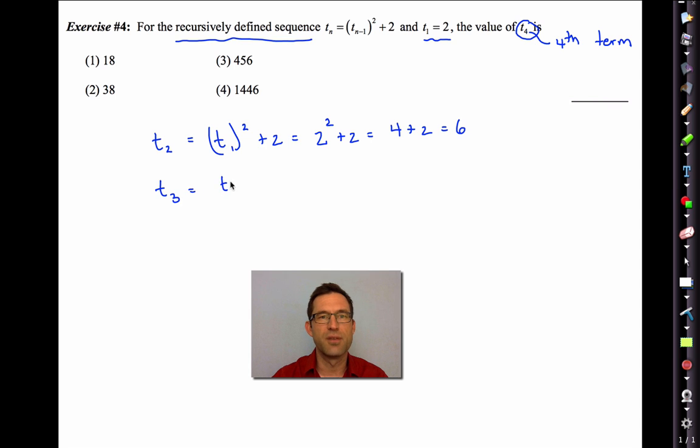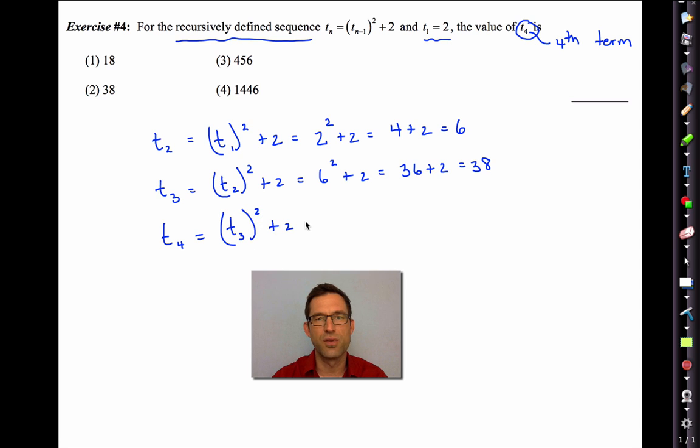T3 is going to be T2 squared plus 2, and that's going to be 6 squared plus 2, and that's going to be 36 plus 2, and that's going to be 38. T4 is going to be T3 squared plus 2, which is 38 squared plus 2. This is where you might want a calculator, and that is going to be 1,446.